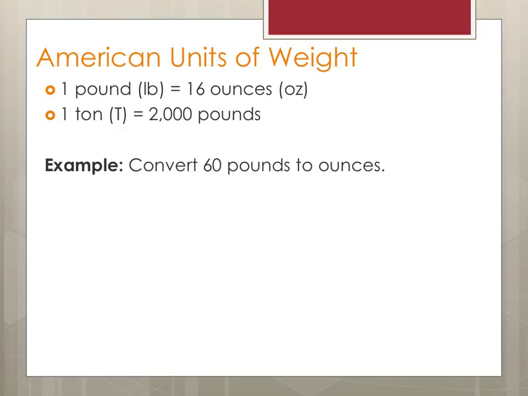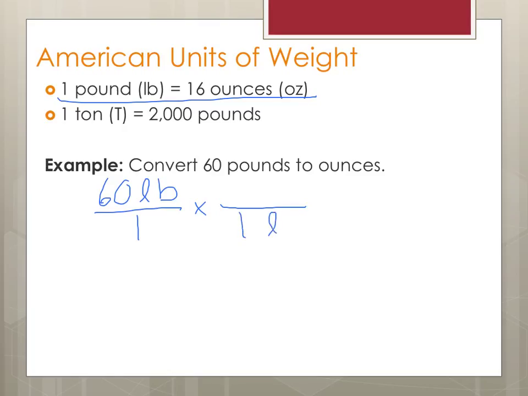So we'll start with our given 60 pounds. We're going to write that over 1 again, because it's a whole number, times our conversion factor. We're going to use this conversion factor here. 1 pound is equal to 16 ounces. Remember, the pounds have to cancel with pounds, so the 1 pound goes on the bottom, and then the 16 ounces goes on top.